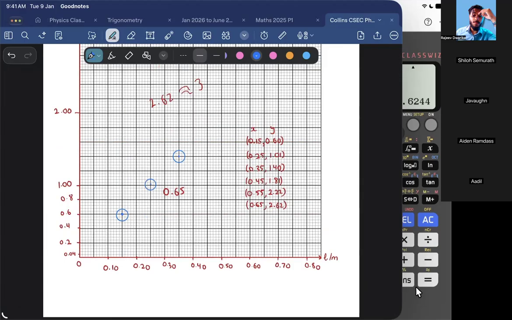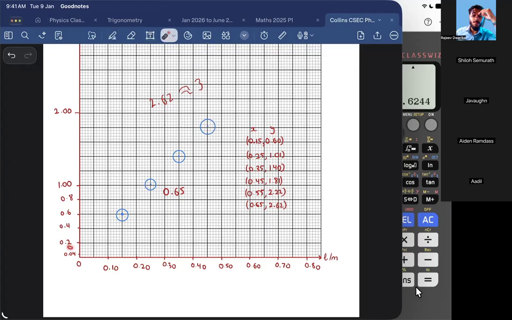So 4, 6, 8. Are they okay with that or nah? Yes, sir. Do they want me to put in small increments or leave it out? No, sir. Leave it out, sir. Leave it out. Okay, no problem.